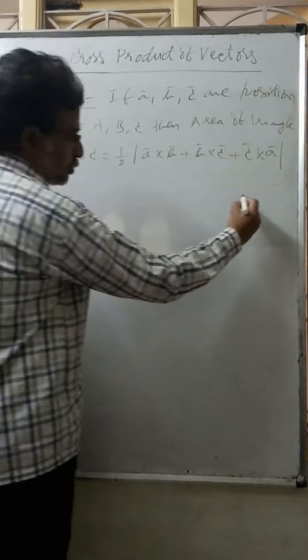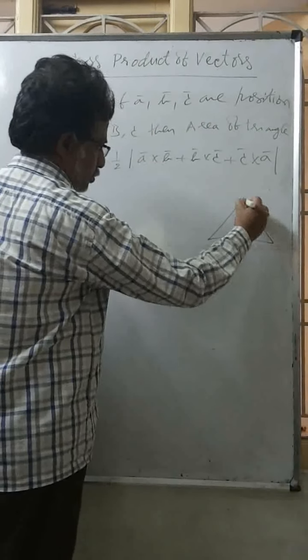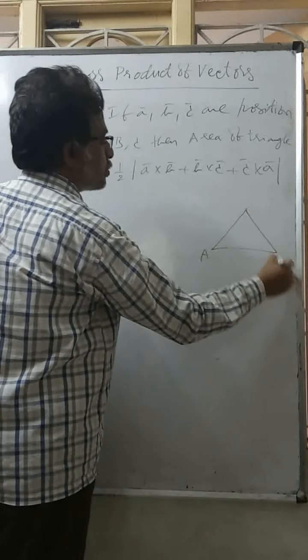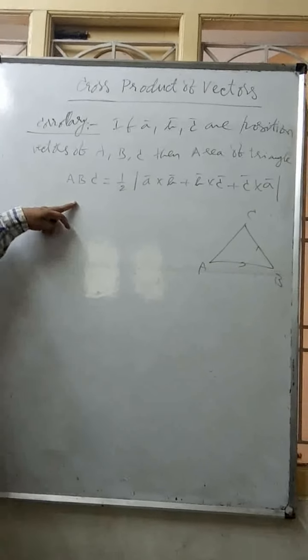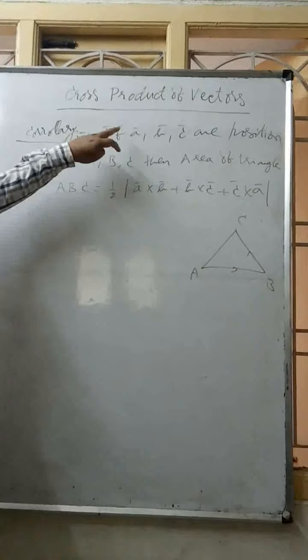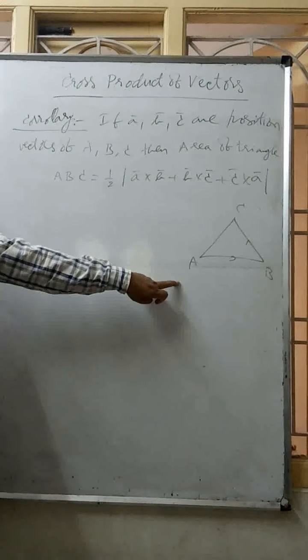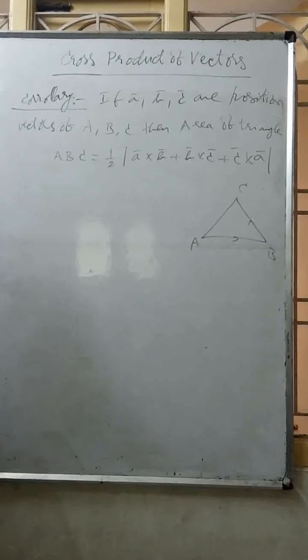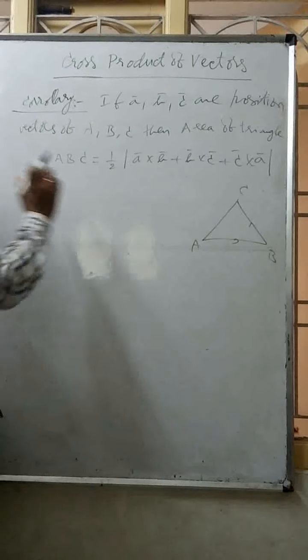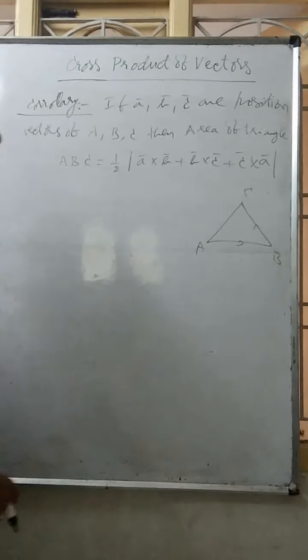Corollary means extension of the previous one. Area of triangle: if A bar is the position vector of capital A, B bar is the position vector of capital B, C bar is the position vector of capital C, then we are asked to prove the area of the triangle is this.